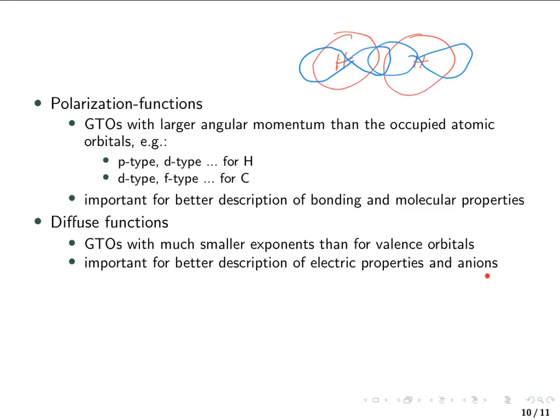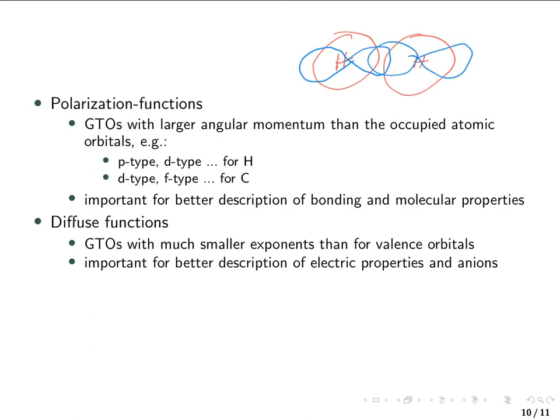It's also important if you want to describe, for example, anions, because there the electron density will fill a much wider part of the space than for a neutral molecule. So diffuse functions are functions with small exponents. That can be s and p for carbon, but sometimes it's also important to include diffuse polarization functions.